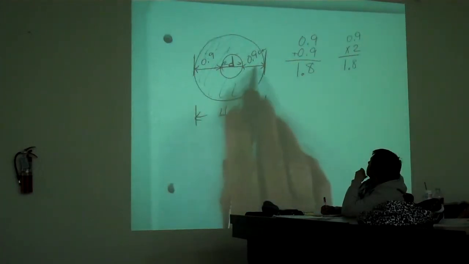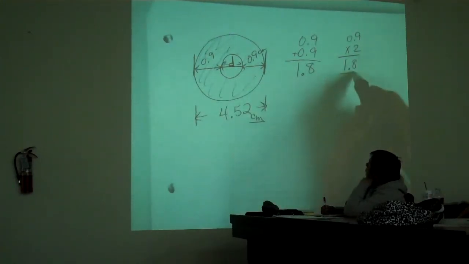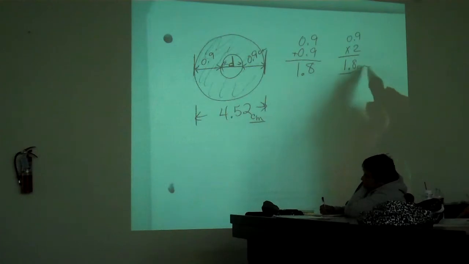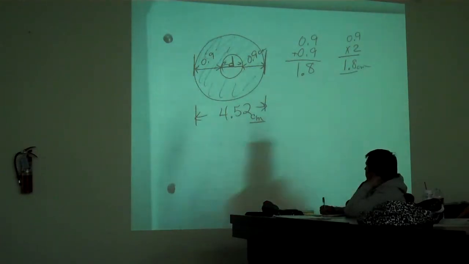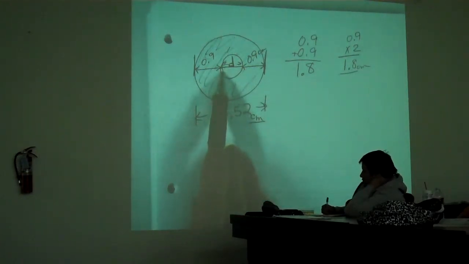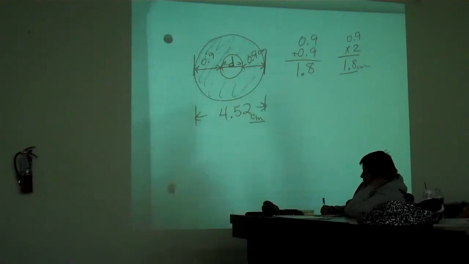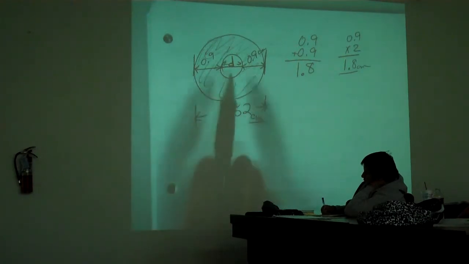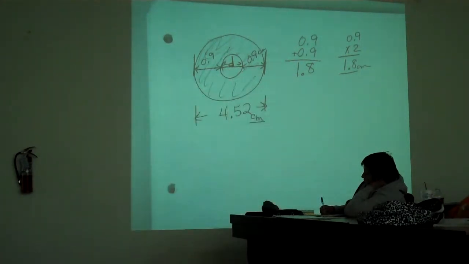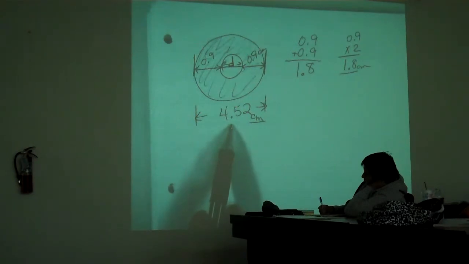Okay? This part takes up 1.8 centimeters. Okay, what do we do to find out how big the diameter is then, the inside diameter? Any ideas? How big is this? What about this number?